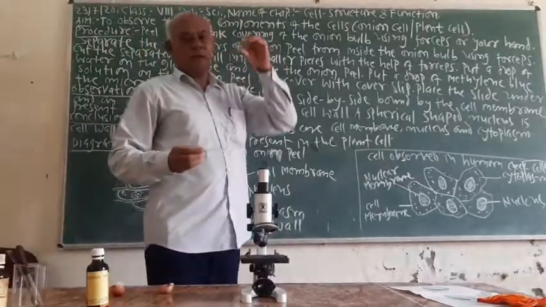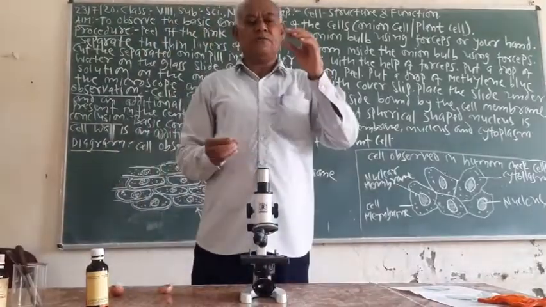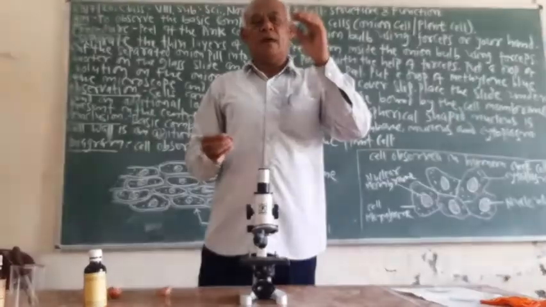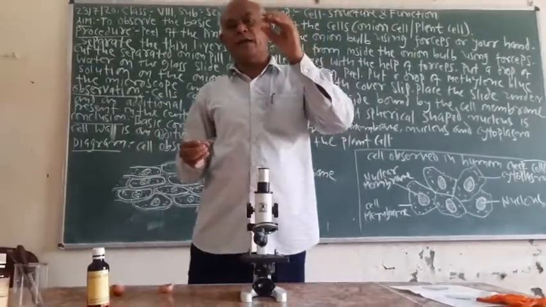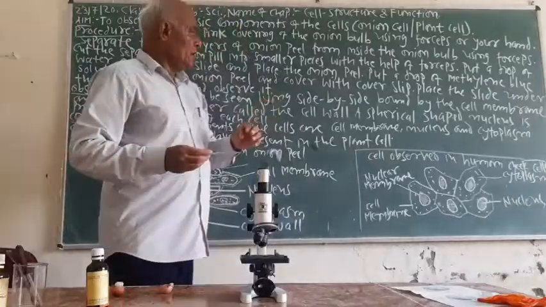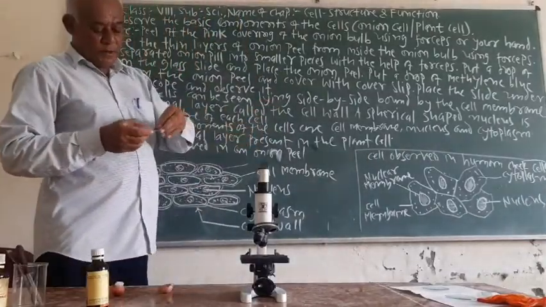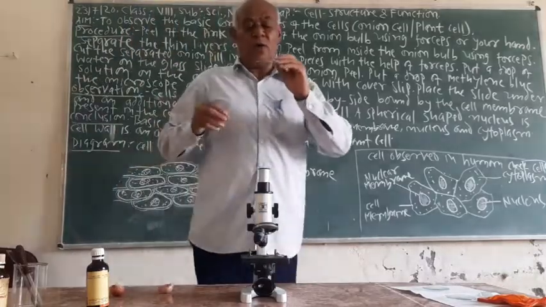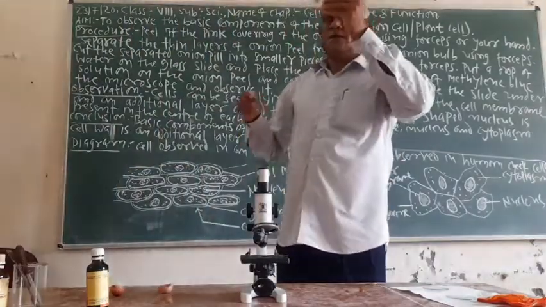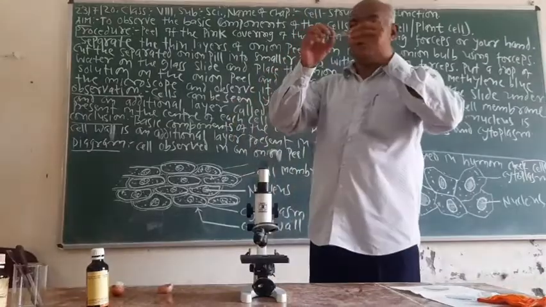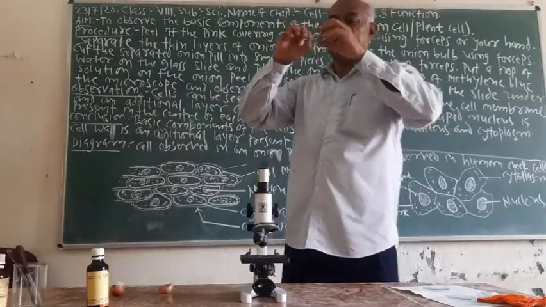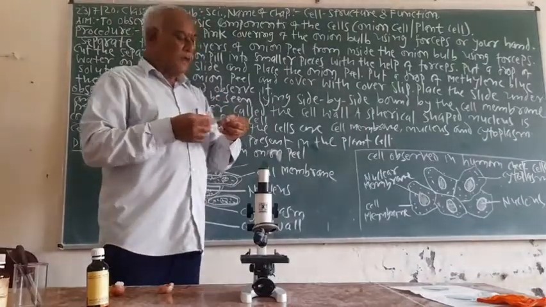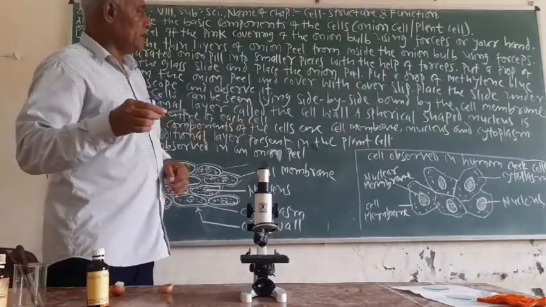Cover slip is either a square shape or a round shape made up of thin transparent glass. We put a cover slip on a glass slide in such a way that no air bubbles remain in the slide, and simply press it so air bubbles come out from the cover slip.